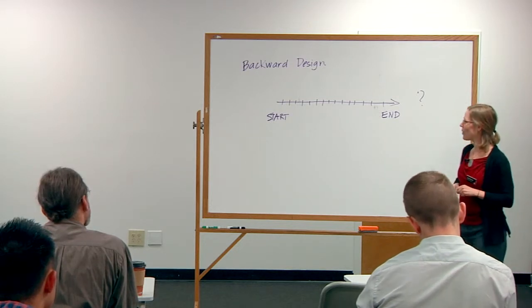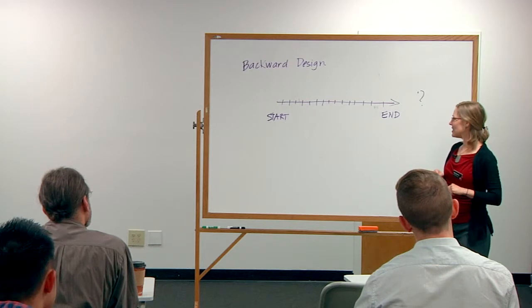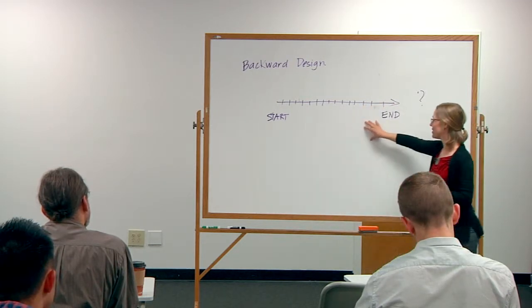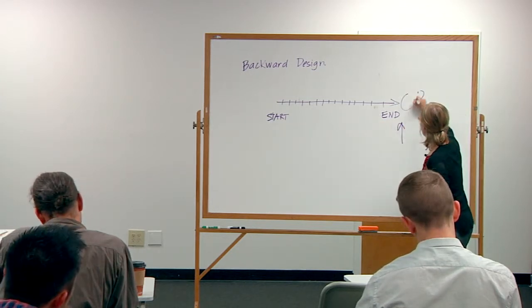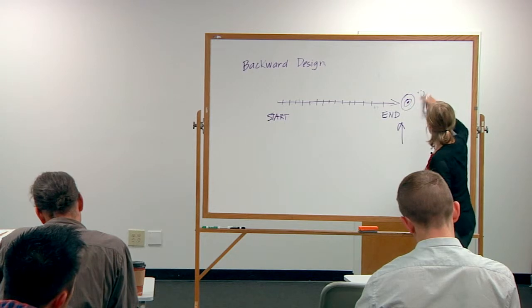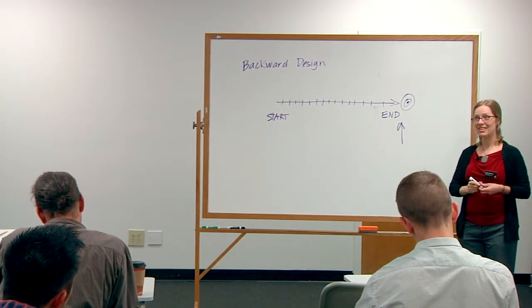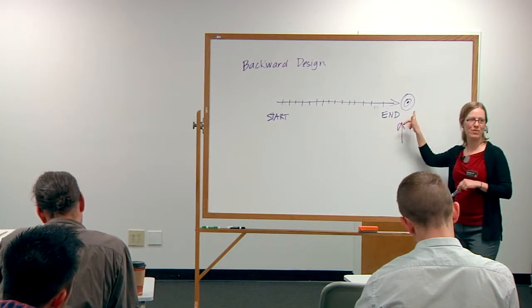So what backward course design does is it actually flips this whole thing on its head, and it says, instead of thinking about what I'm going to teach and putting the whole focus there, let's actually start here at the end and get really clear about what the learning goals are for students. So determining where I want students to arrive by the end.